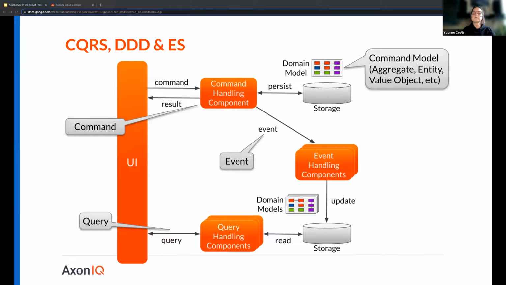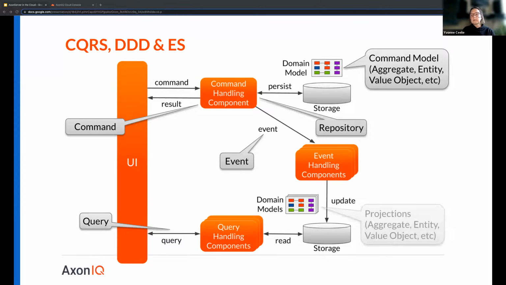So what you see is that DDD is coming back in the command handling component by describing the domain model with aggregate entities and value objects and a repository. But we also have that on the query handling side in our projections. There we also have aggregate entities and value objects.